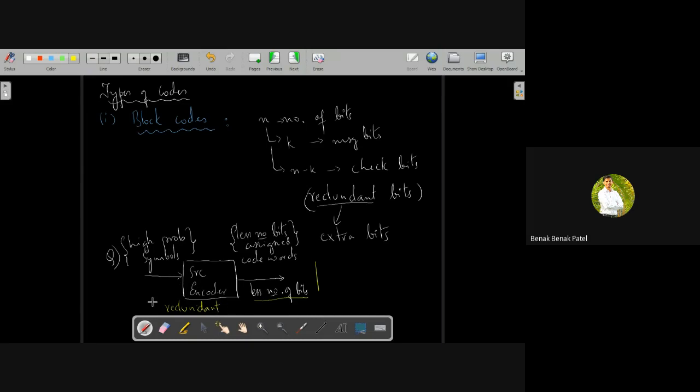Here, the source encoder deals with removing redundancy, whereas in the channel encoder, we are trying to bring in or add some redundancy.